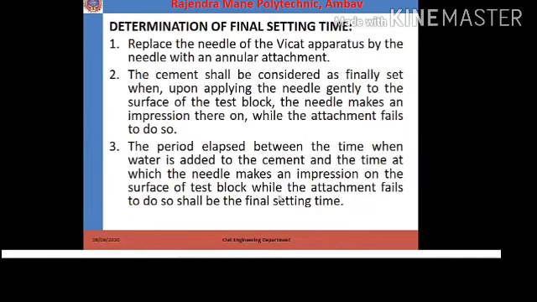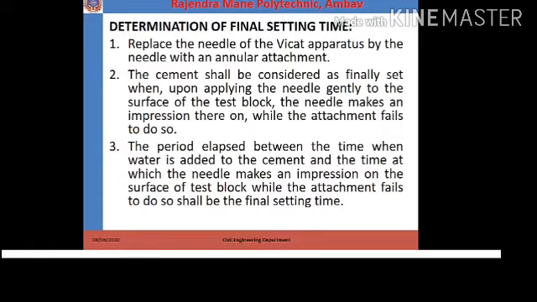For the final setting time, replace the needle of the Vicat apparatus by the needle with an annular attachment at the end. The cement shall be considered as finally set when, upon applying the needle gently to the surface of the test block, the needle makes an impression thereon while the attachment fails to do so.